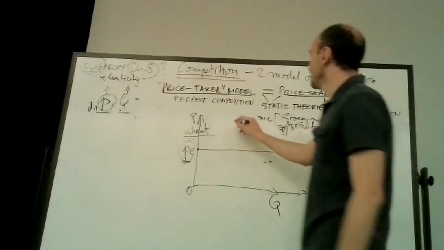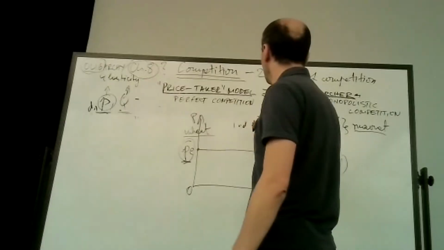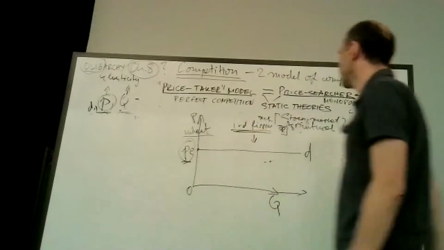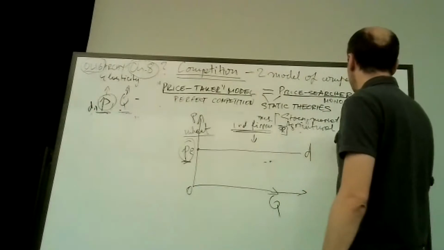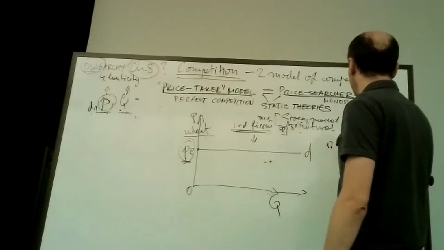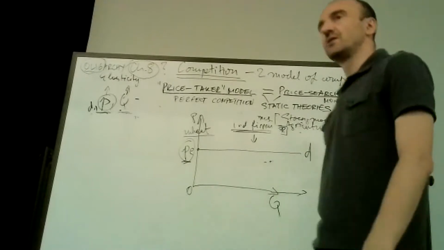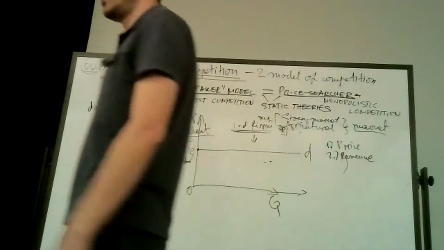But we are talking about an individual. This is the demand curve facing an individual firm. This is the price. The first category is price. Second, revenue. Remember how we defined revenue before?